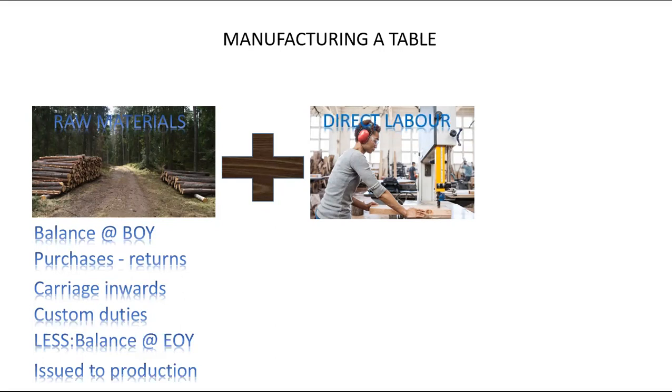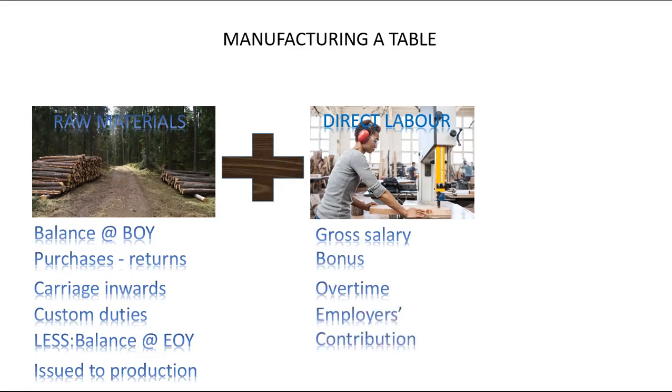You will add all the direct labor costs, and that includes the employee's gross salary or wage. Then you will add any bonus, then overtime as well as employers' contributions. These are just additional costs that you incur as the employer to contribute to whatever aid or fund the employee belongs to.